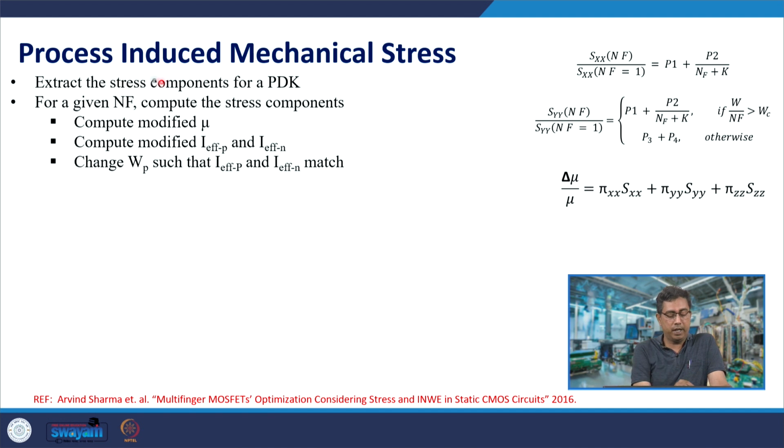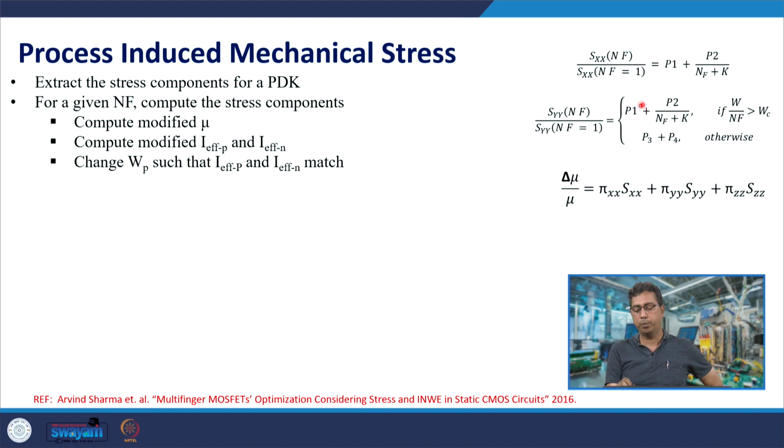So first, extract the values of P1, P2 and K for a given PDK by changing the number of fingers. So you change the number of fingers and find out the change in current. The change in nominal current is mostly because of change in mobility. So what would you do? You would change the number of fingers, and that would give us a value of how these three change.